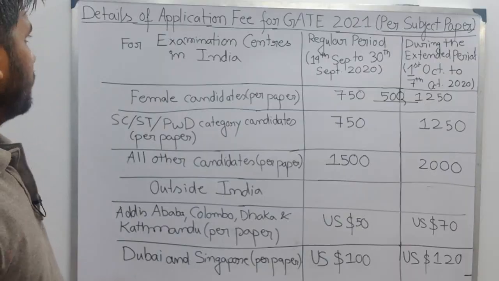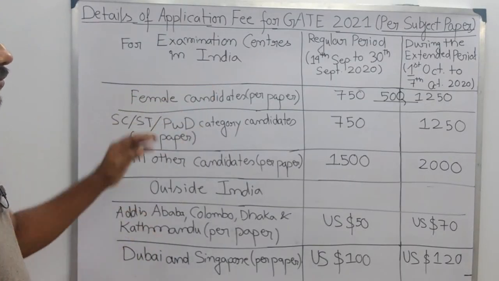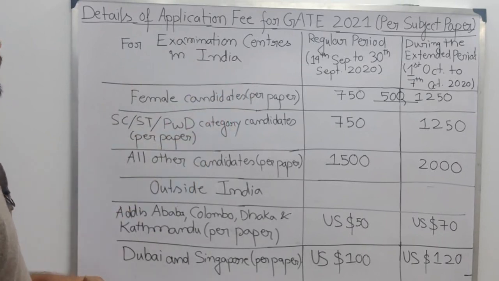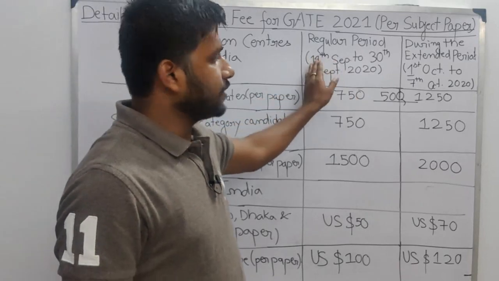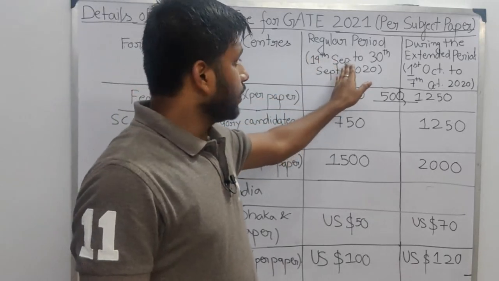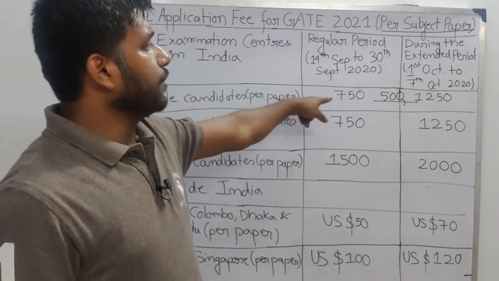Okay, now see the details of the application fee for GATE 2021 per subject paper. If your examination center is in India and you are filling the form in the regular period, that is between 14 Sep to 30 Sep, then for a female candidate you have to give 750.